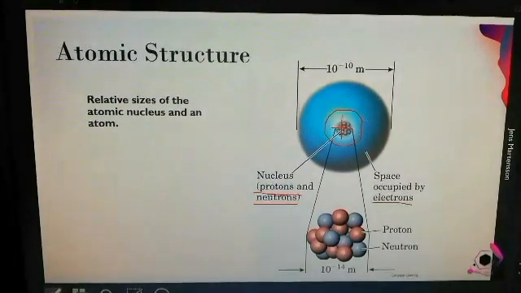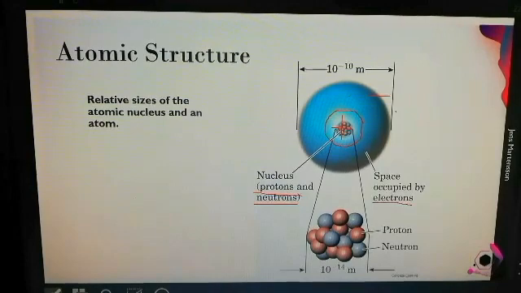So this is positive and this is negative. However, overall, the atom is neutral. So wala talaga siyang charge because the number of the positive protons and the number of the negative electrons surrounding the nucleus are the same. Okay?